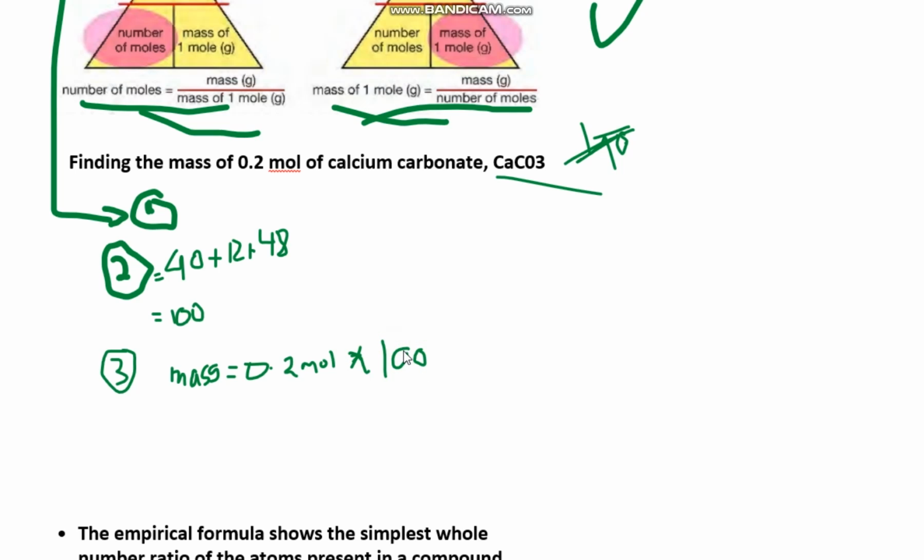This is how you find the mass, and the answer would be 20 grams. Simple as that. You have to write the grams because that's required, and you have to write mass here also for the answer. Usually you are given the space and a label, but if they do not, just write this also. So this is how you do these types of questions.